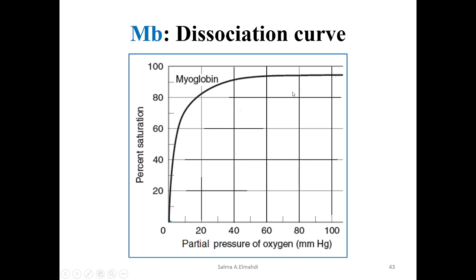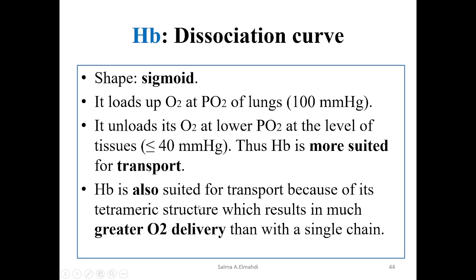Myoglobin can still take up at 80, at 60, at 40, at 20, but hemoglobin loads up at 100 millimeters of mercury, at very high levels of partial pressure of oxygen that occurs, of course, in the lungs. It unloads or releases this oxygen at lower partial pressure of oxygen at the level of tissues, that is about 40 millimeters of mercury.